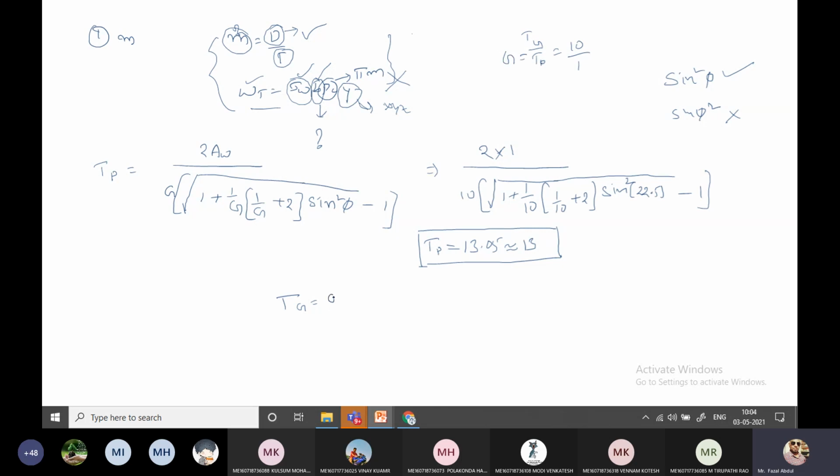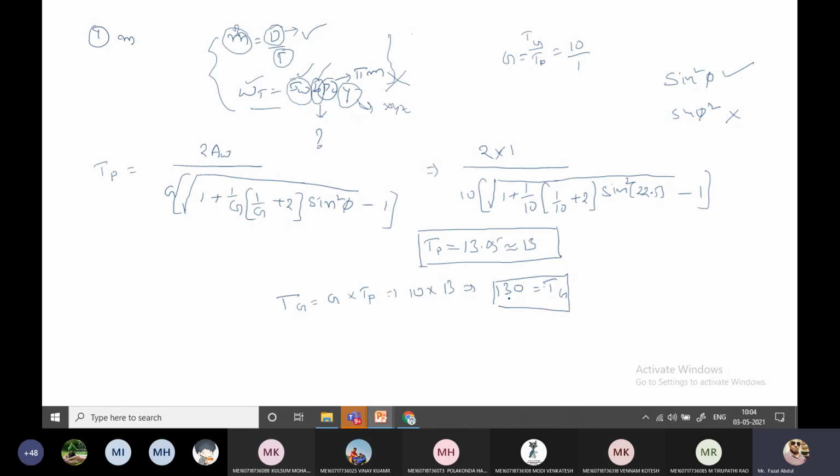So TG is gear ratio into TP. That is 10 into 13, which is 130. TG is 130.